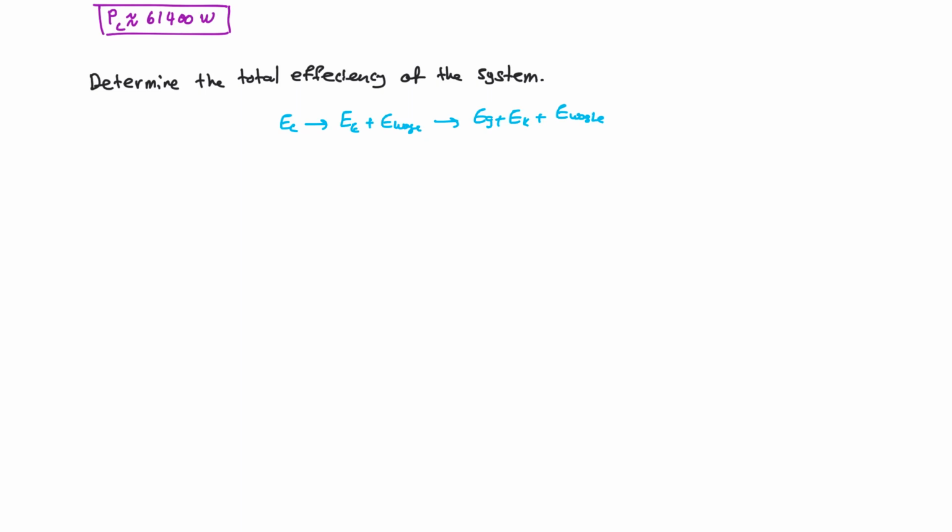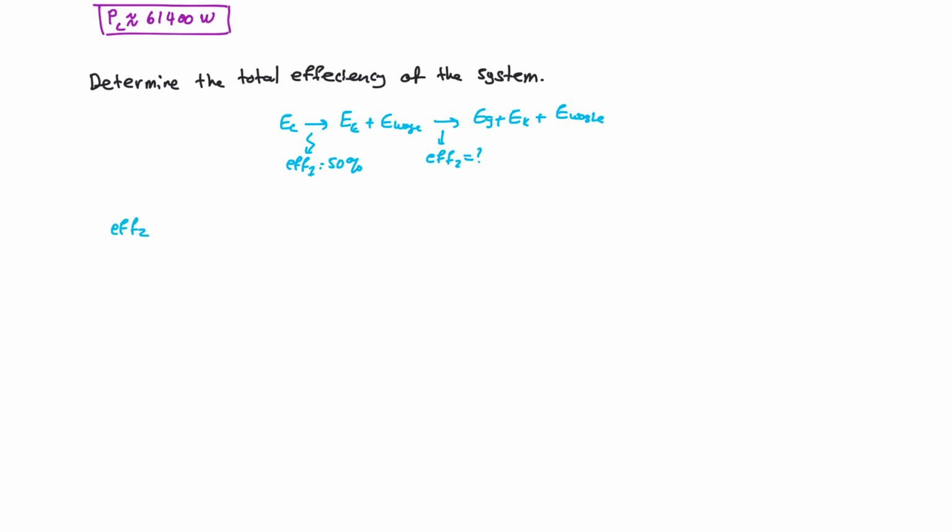So we know that this is efficiency 1, which is 50%, and we know that this is efficiency 2, which we don't know the value of, so that's what we're going to calculate next. So efficiency 2, this is method 1.